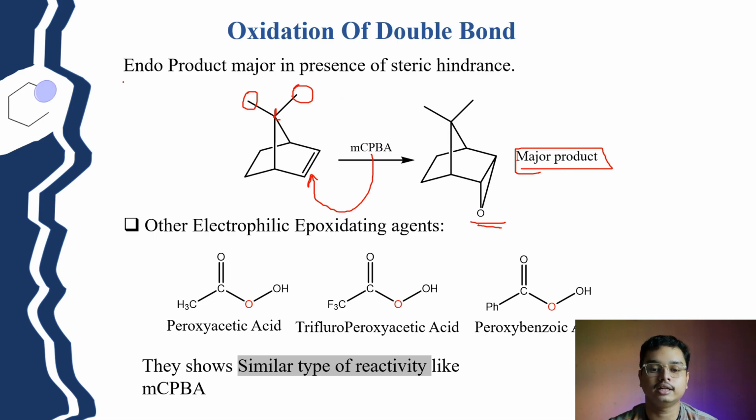Also, there are other electrophilic epoxidation agents, the other peracids like peroxyacetic acid, trifluoroperoxyacetic acid and peroxybenzoic acid, out of which trifluoroperoxyacetic acid shows a higher reaction rate over the other two, because it has a very high minus I effect, which makes this particular oxygen more electrophilic in nature, and that's why it shows faster reactivity in epoxidation reactions.